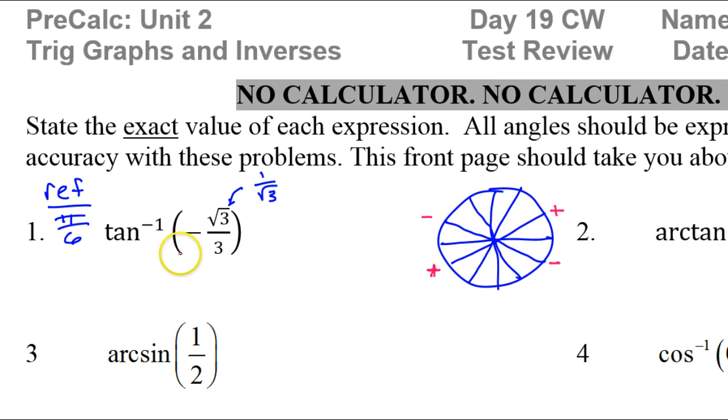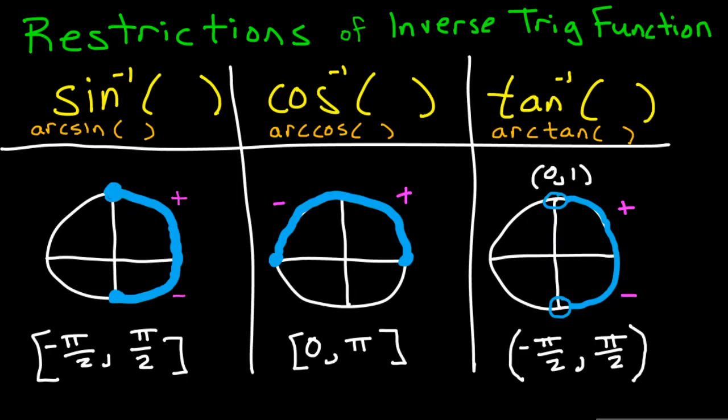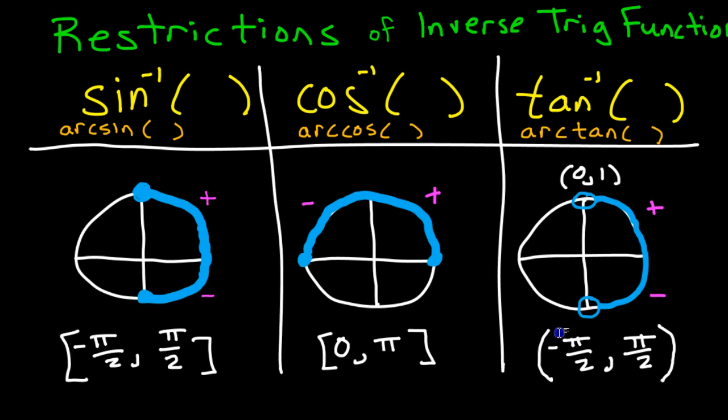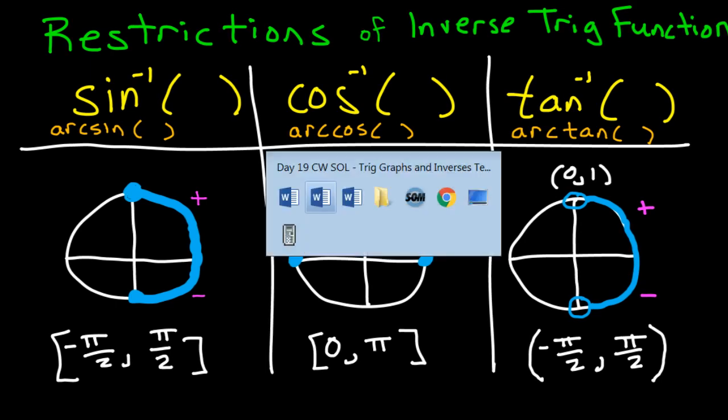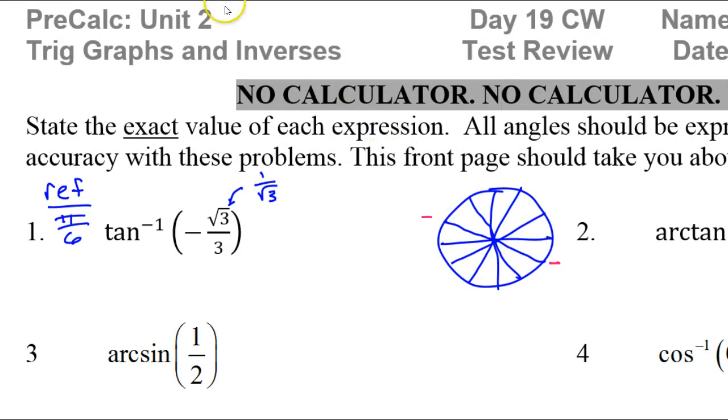Now, we want the tangent to be negative, so right away we're going to forget about this angle and this angle. So it's down to these 2. But we also must consider that the inverse tangent is restricted to only the right side of the unit circle. So I can forget about this one that's on the left, and this one has to be the answer.